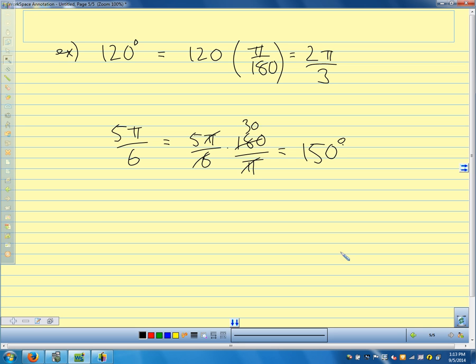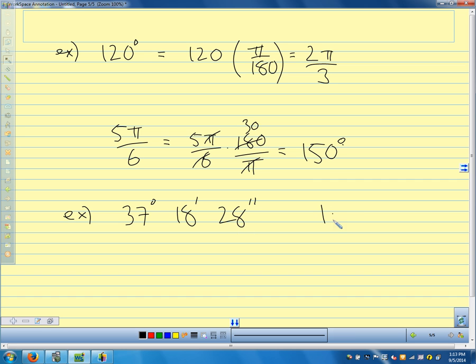One thing I want to show you on your calculator is sometimes in navigation and in surveying, you'll see an angle that looks something like this: 37 degrees, 18 minutes, 28 seconds. They call this degree, minute, second form.